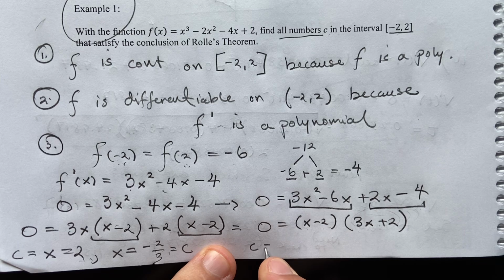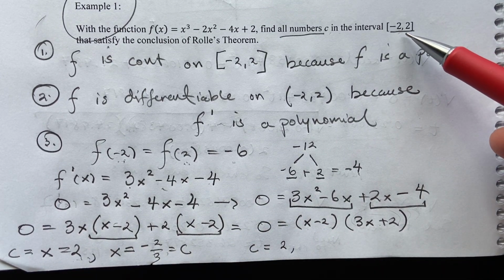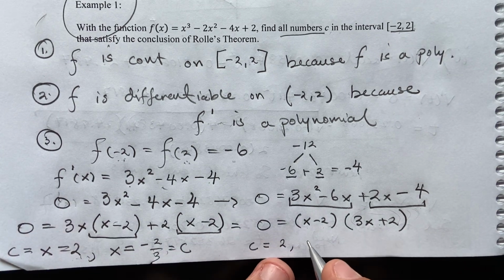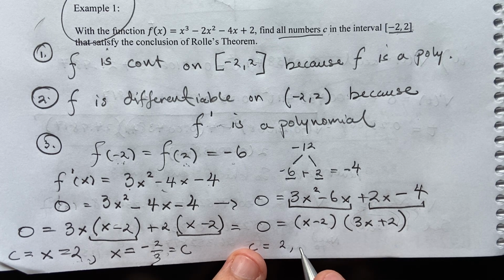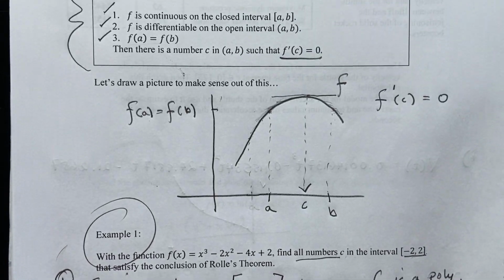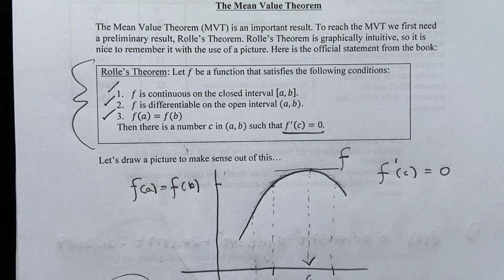So c equals 2, because 2 is inside of negative 2 to 2, it's inclusive. Going back for a quick second, it's potentially a little confusing.